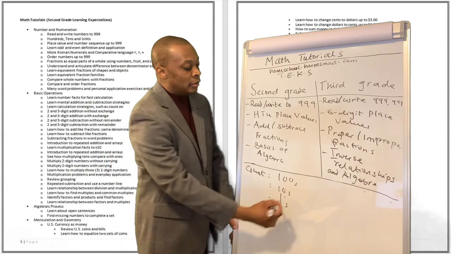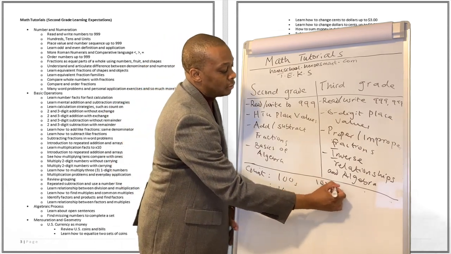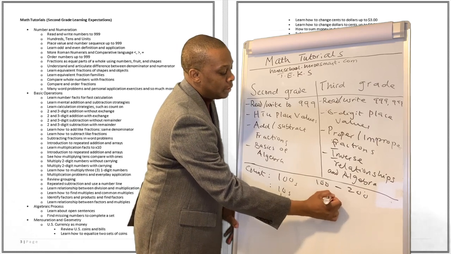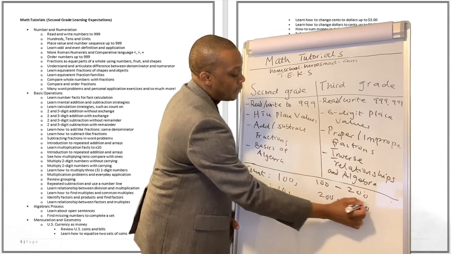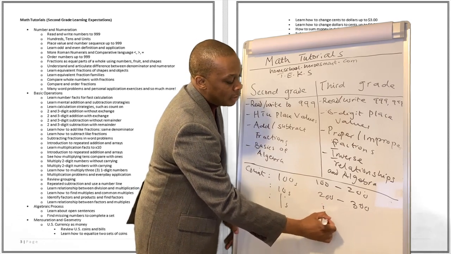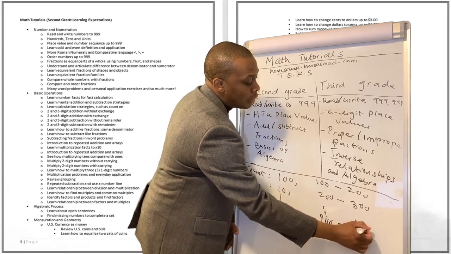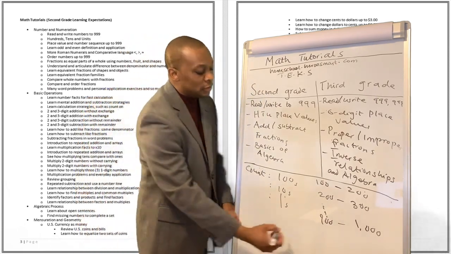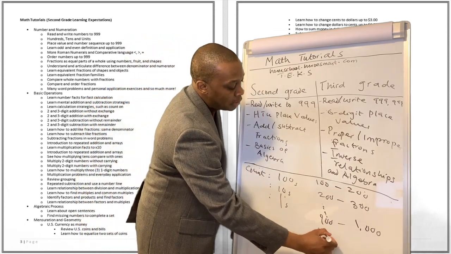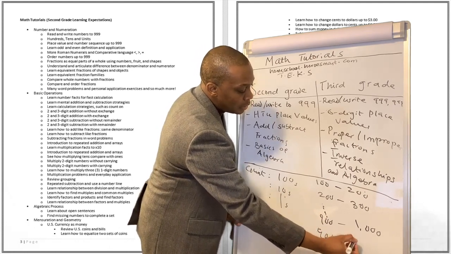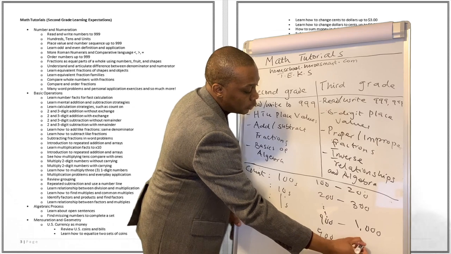And then you can count from 100 to 200. You can count from 200 to 300. You want to make sure you do that up until you get to 900, and then count to 1000, just like that. And when you want to start counting by tens, you can count from 900 to 920 or something like that.